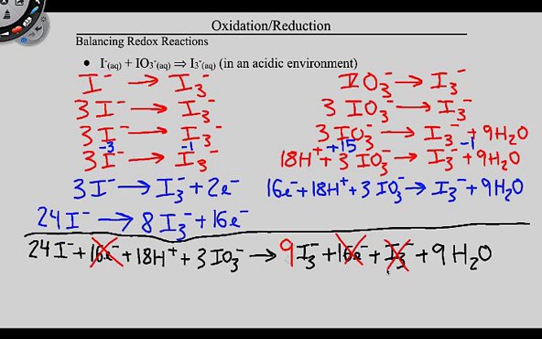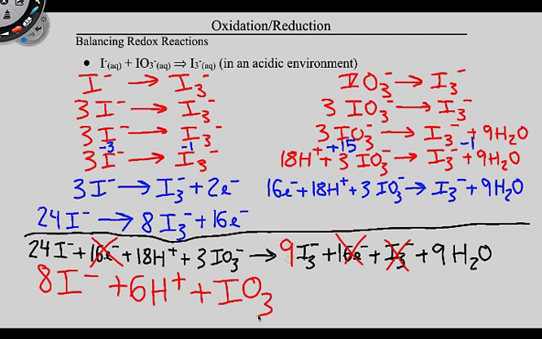All of this is reducible by 3. So that would then be 8 I minuses plus 6 protons plus 1 IO3 minus yields 3 I3 minuses plus 3 waters.